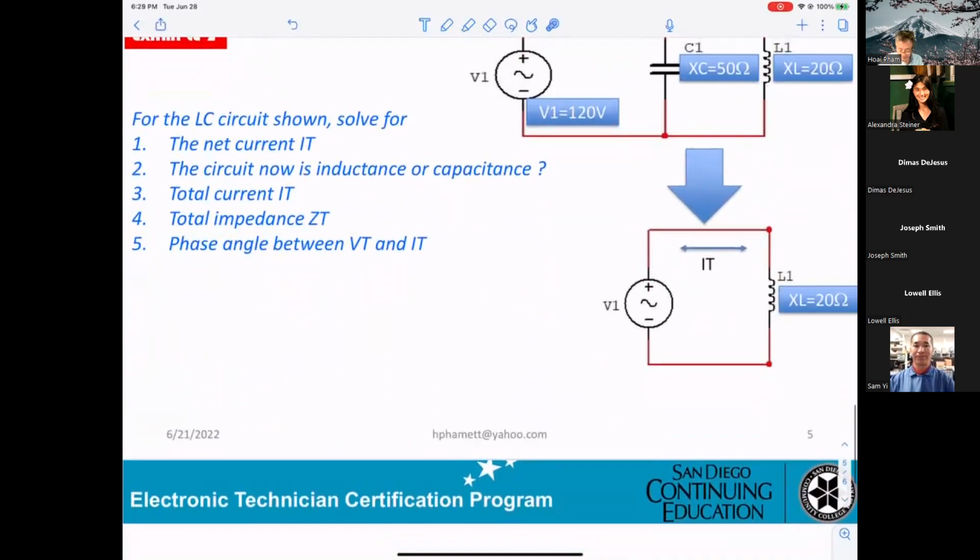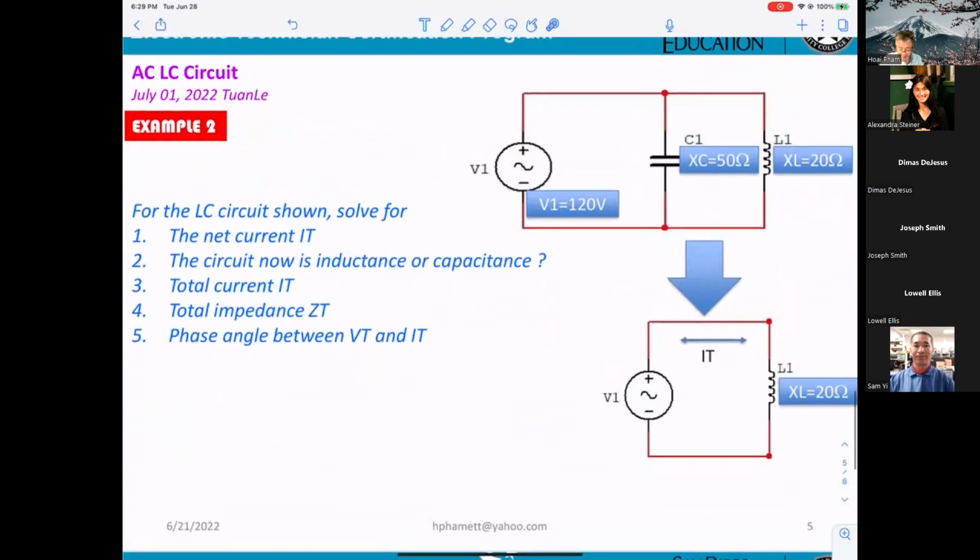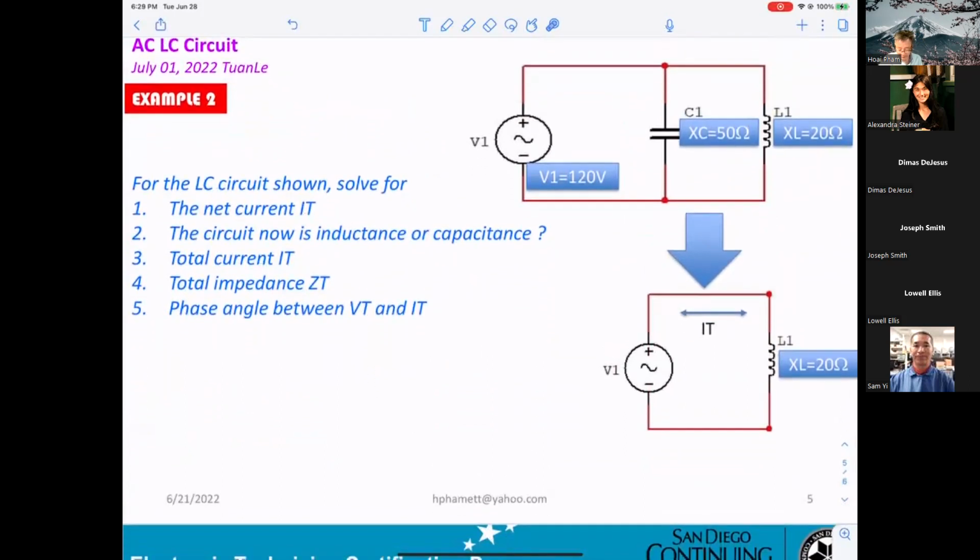So now we need to do the calculation on that one: 120 volts, 50 ohms, 20 ohms. First thing, they want to know the net current. That tells you that you need to know IC.